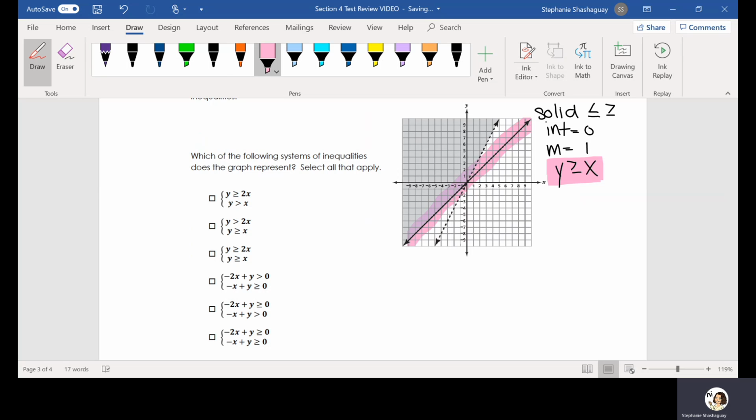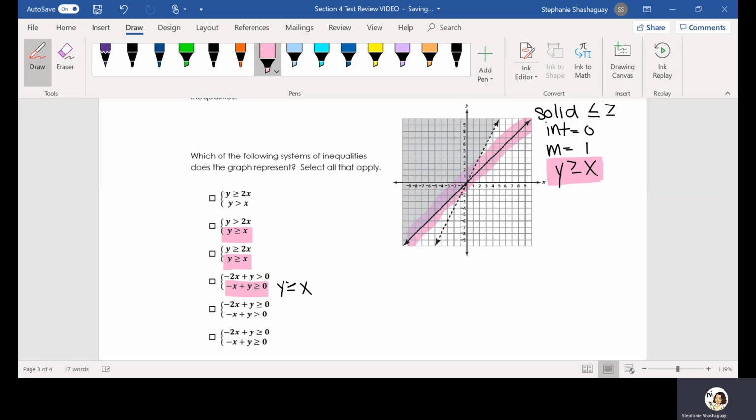So where do I have y is greater than or equal to x? Well, let's go over here and look at my equations. I have it right here. I have it right here. Well, this one was rearranged. So I have to add the x. So then this would be y is greater than or equal to x.